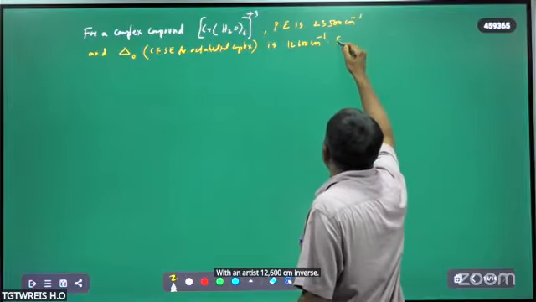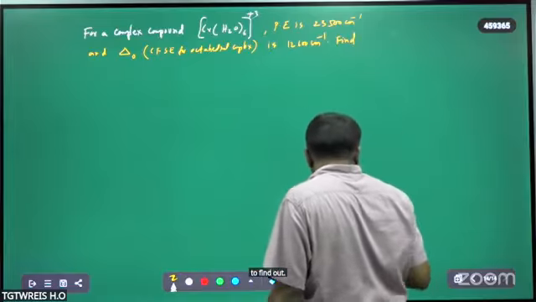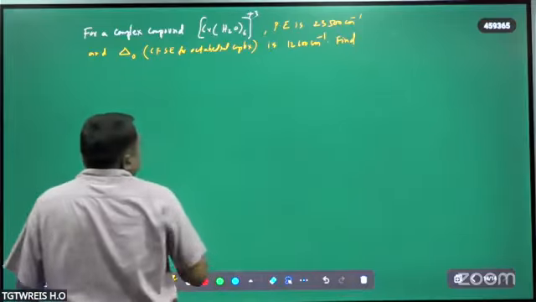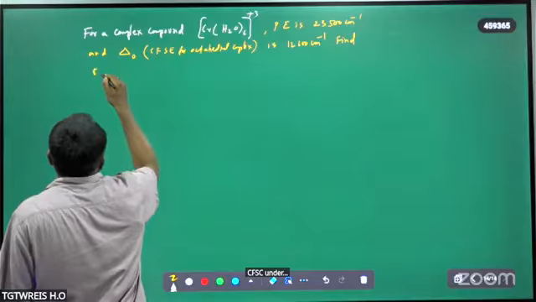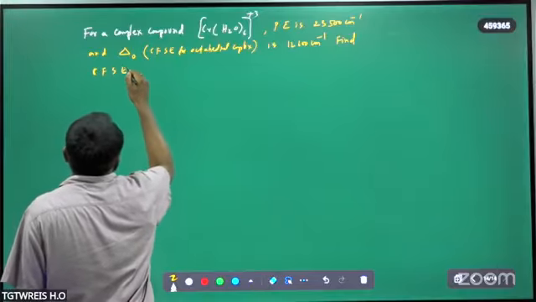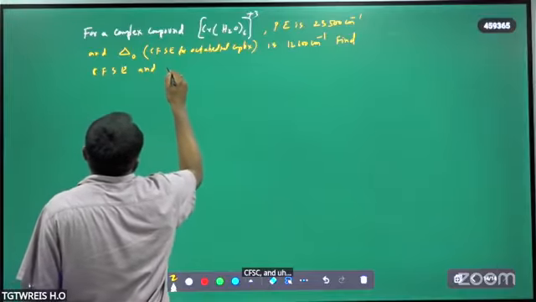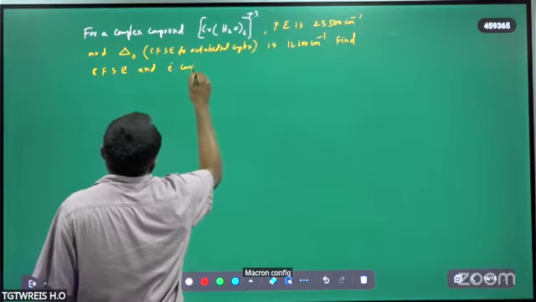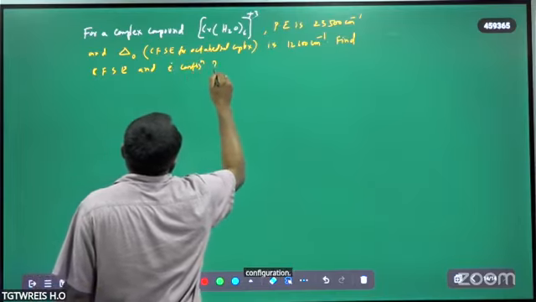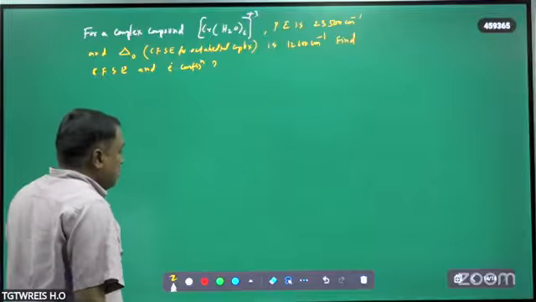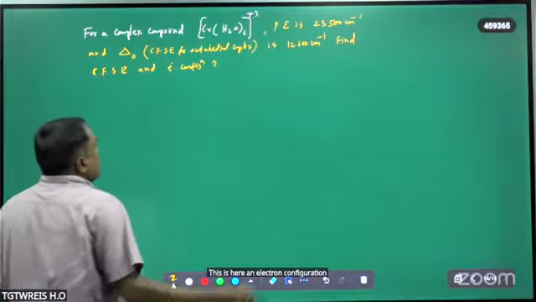So find the CFSE and electron configuration. So hybridization also.